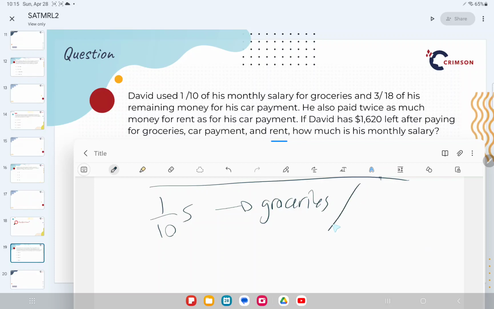So how much is remaining now? How much will remain from his salary? He used 1/10, so 1 minus 1/10 is equal to 9/10. So 9/10 of his salary is remaining.